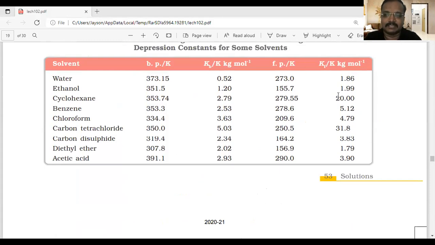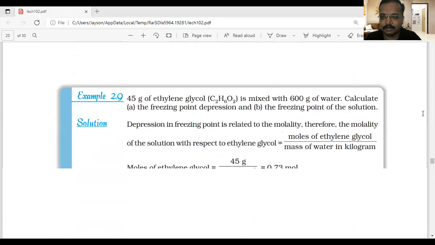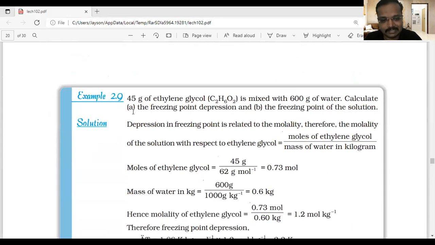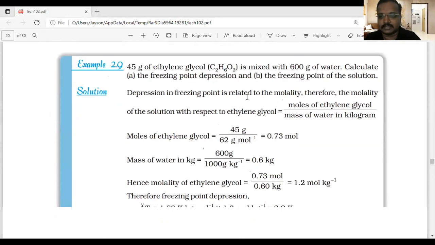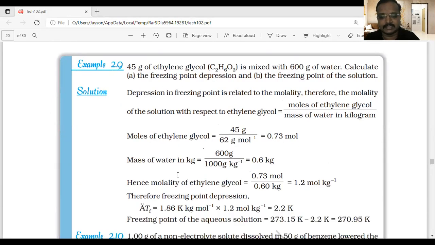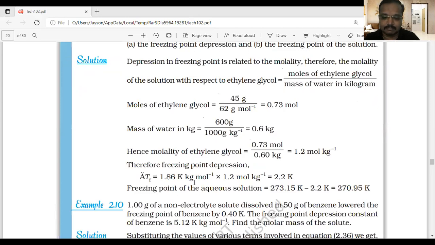Since it is given just above the table, it is not given along with the question. Otherwise, it will be given in brackets as Kf value for water is 1.86 Kelvin kg mole inverse. So put the value and multiply with the molality of ethylene glycol.